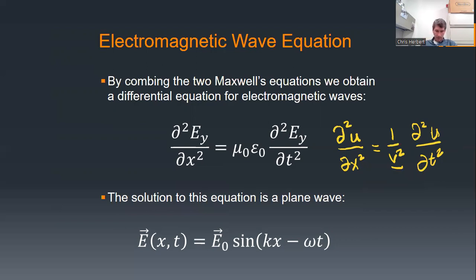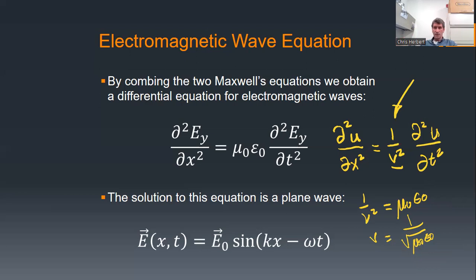If I equate 1 over v squared to mu 0 epsilon 0, we find that the speed of the wave is 1 over the square root of the product of these two constants. This equation can be used to describe a wave on a string, or a plane wave propagating through air for sound.